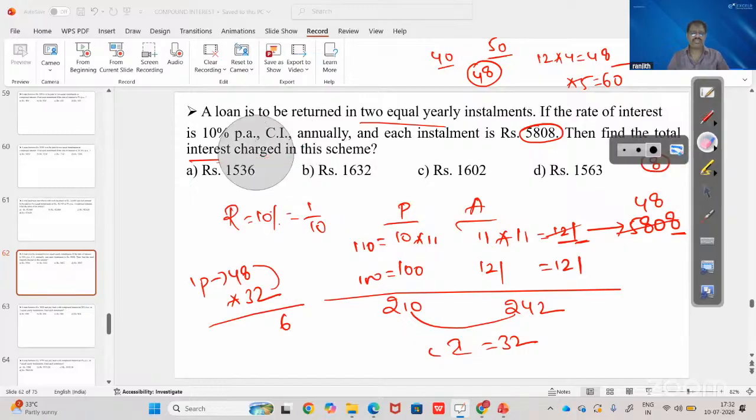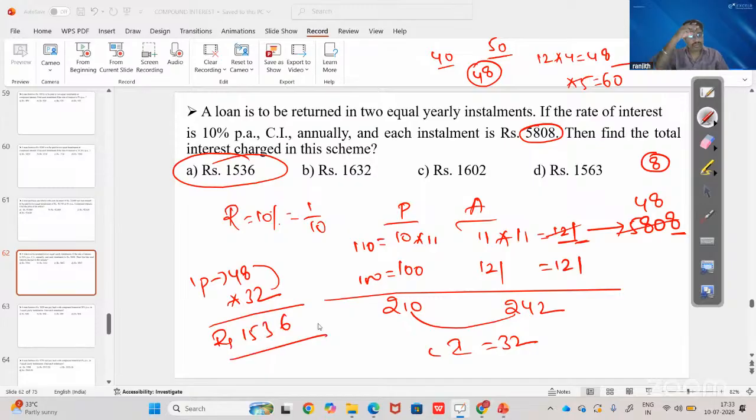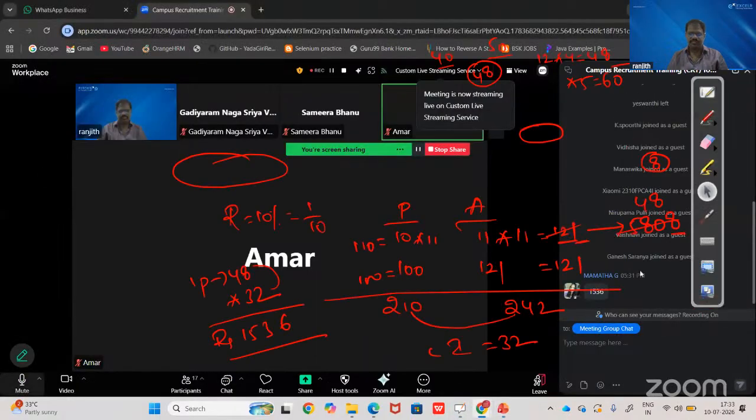Only one option ends with 6. That will be 1536. The answer will be rupees 1536. 48 into 32 equals 1536. Yes, the answer is 1536.